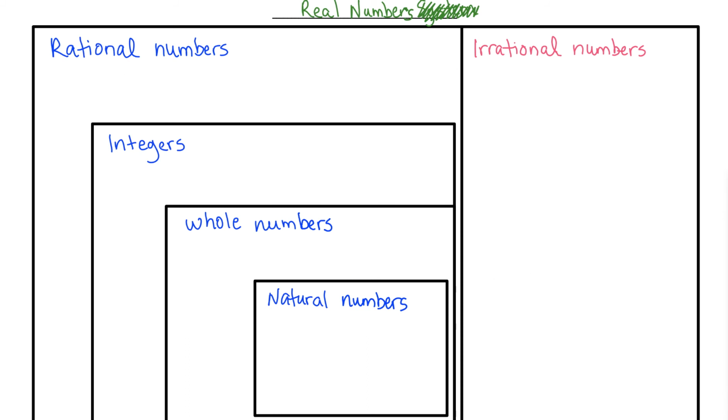So, natural numbers. These are counting numbers. Numbers like 1, 2, 3, 4, and so on and so forth.